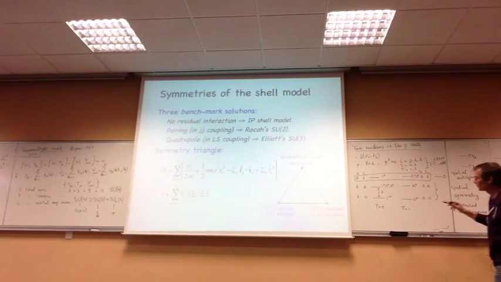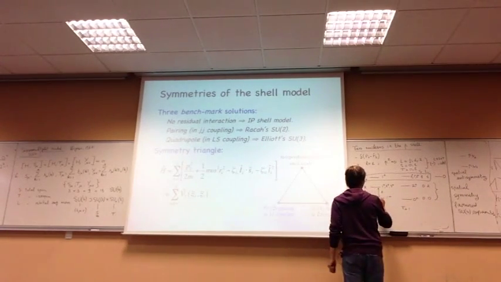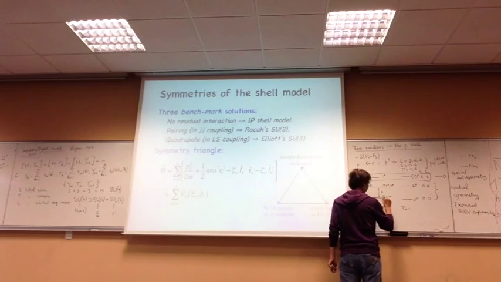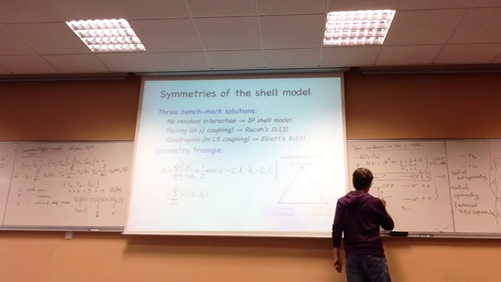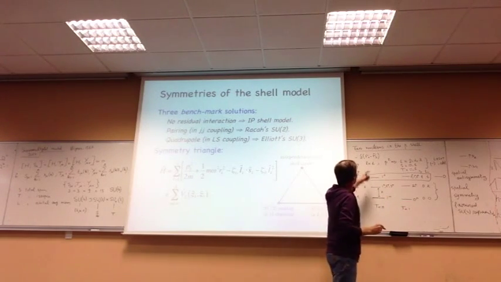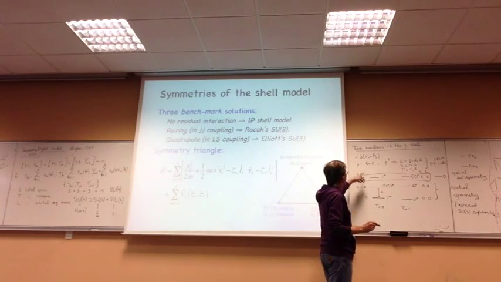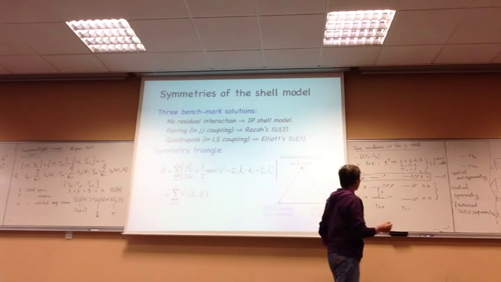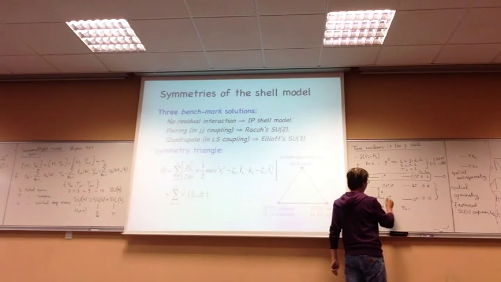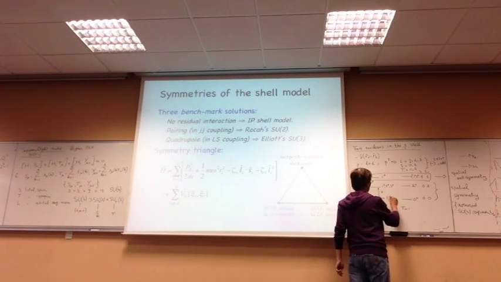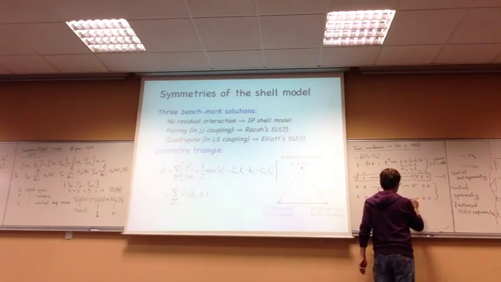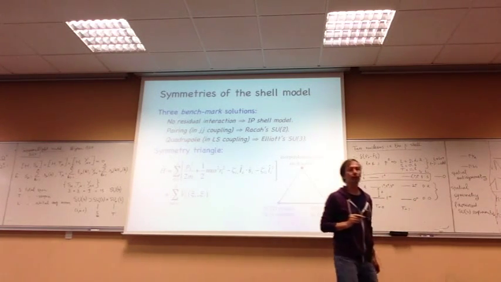The other point I wish to make is the following. If you do this, and we will also show this afternoon, you see here basically a non-even nucleus, so you have one neutron and one proton. You see that you have a 1 plus state, which is T equals 0, and it is degenerate with a 0 plus state, which is T equals 1.